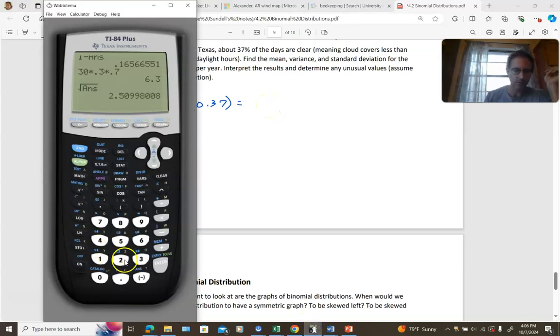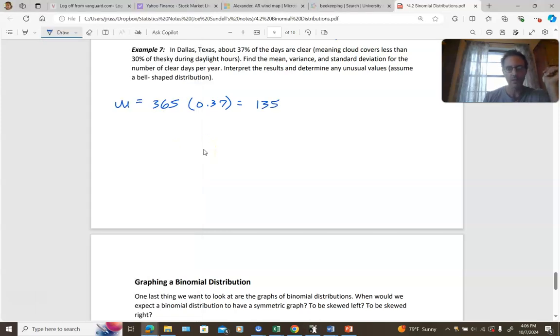And so this one, you need the calculator for. We get, I'm just going to say 135 days, okay? So roughly 135 days, that would be the average number of clear days that you could expect.